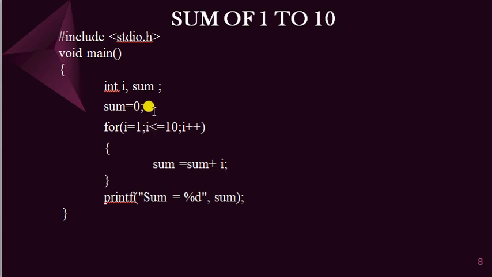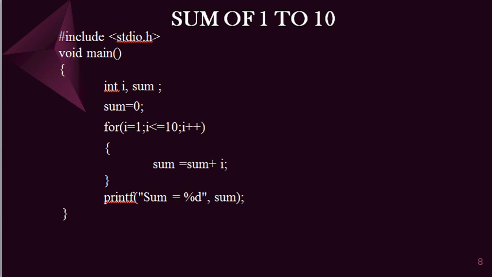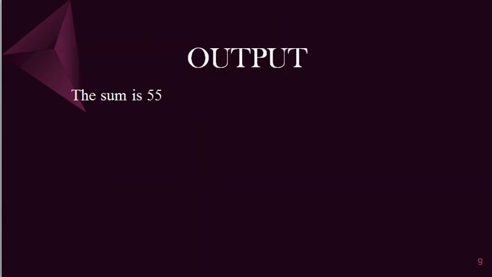So this condition will be false. In that case, it will go out of the loop. So it goes here and printf sum is equal to, then it will print the sum. So this is what happens in the case of for loop. So we can see the output is, the sum is 55.